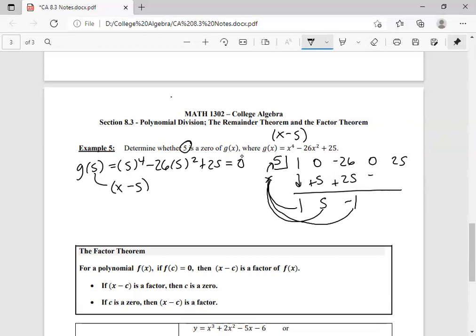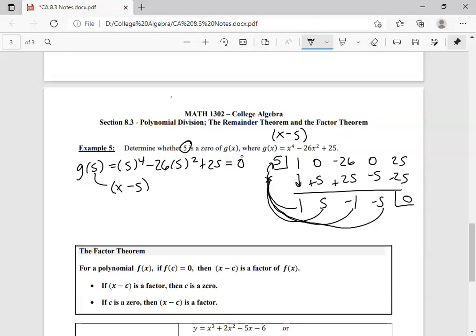Times 5 is -5. Add those, we're going to get -5. -5 times 5 is -25. This last term is 0 because we're adding that. So it has a remainder of 0. So there's another proof that yes, that is a 0. 5 is a 0. It goes into it evenly.